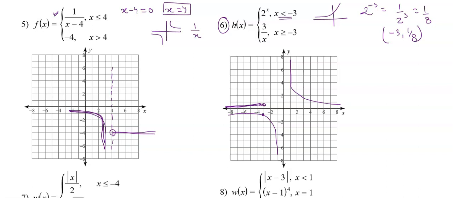So we took only the part which is greater than minus 3. We took only this as a value. In this function, my vertical asymptote is x equal to 0. You have understood it before. x equal to 0 means the y-axis.